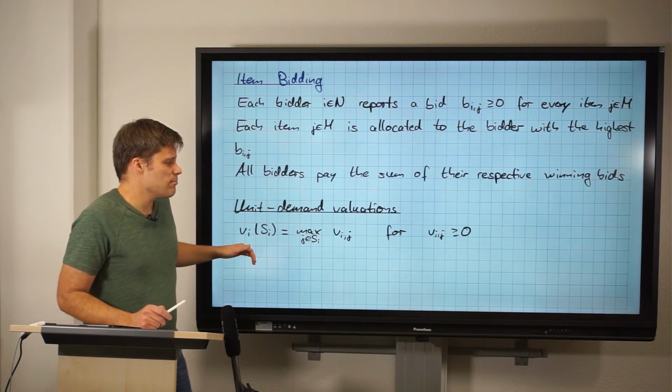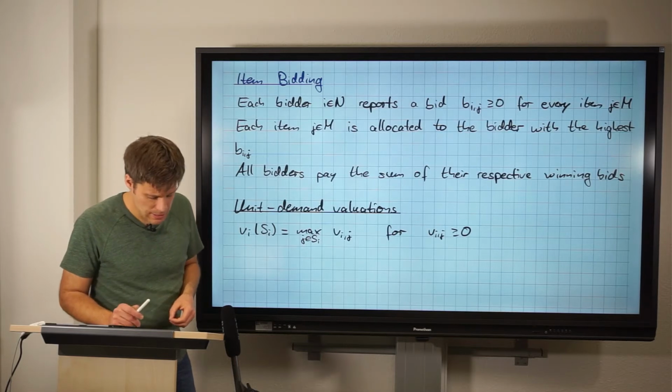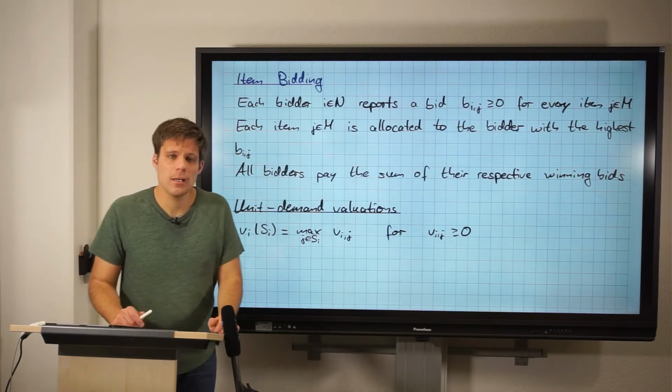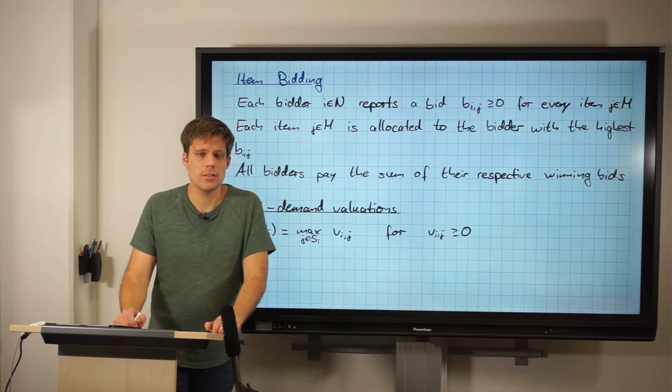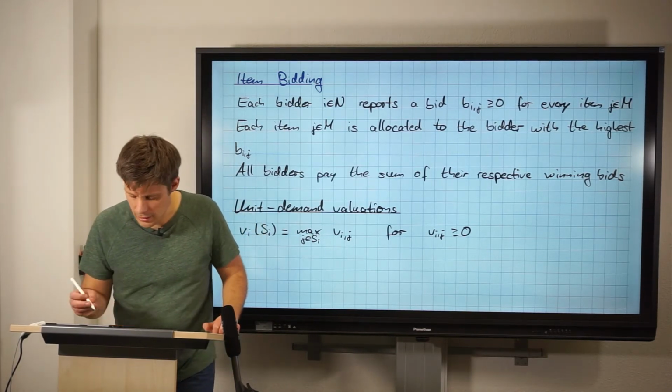Good. But does this still give us a good mechanism? Yes, it does, in the sense that this is still a smooth mechanism, and this way we get a bound on the price of anarchy.